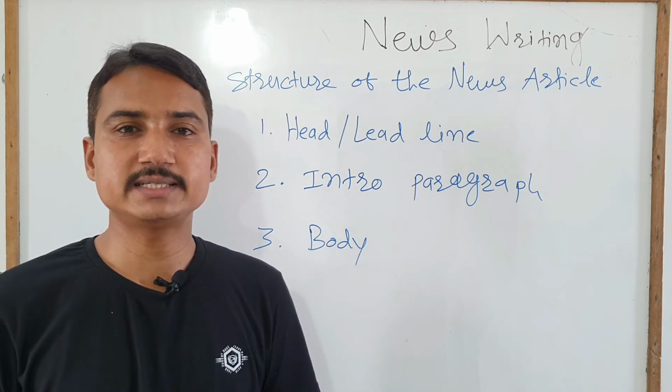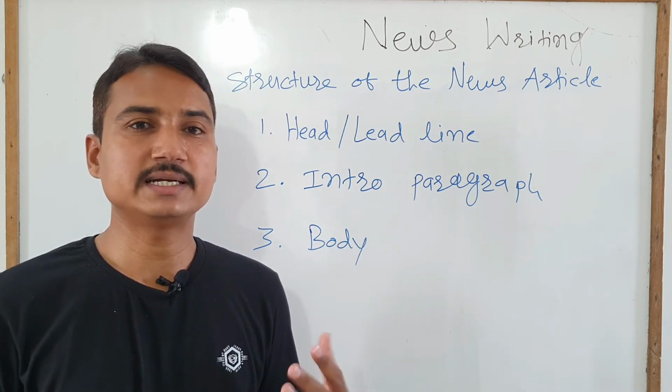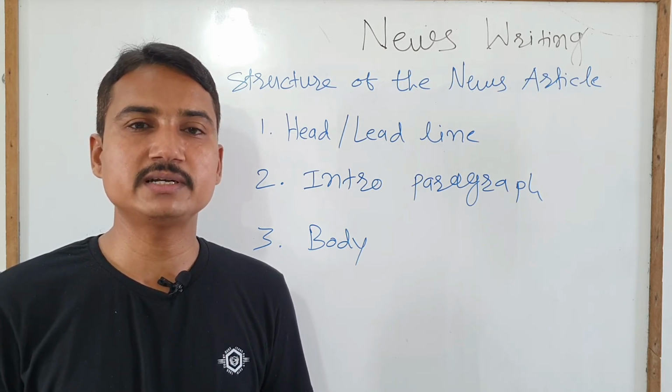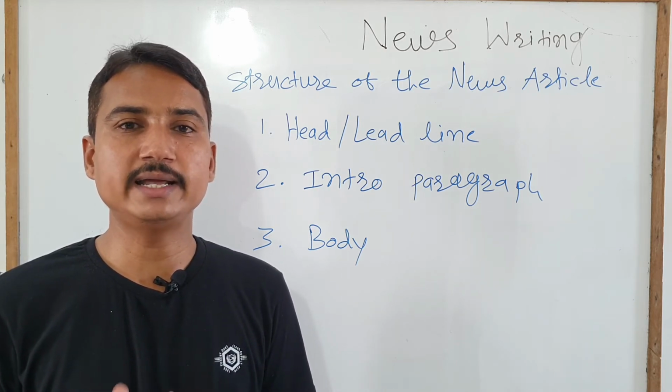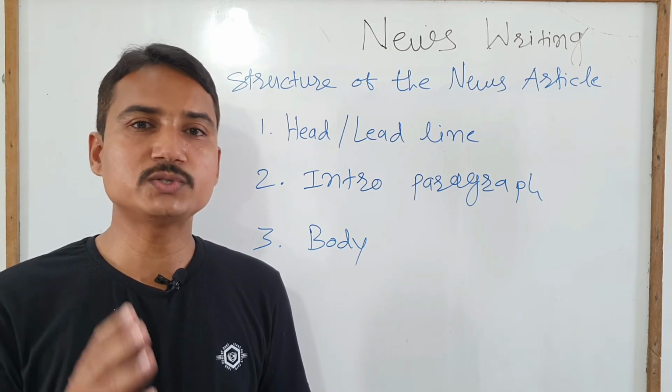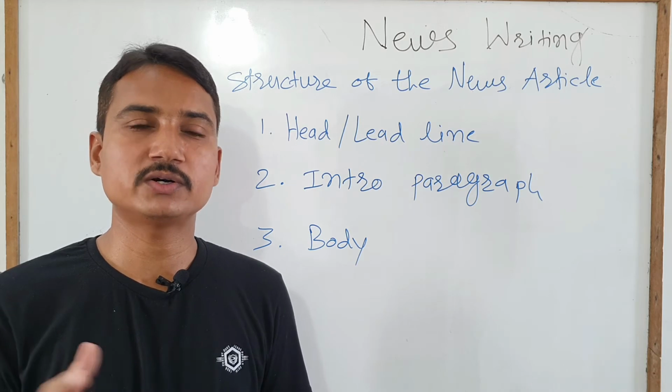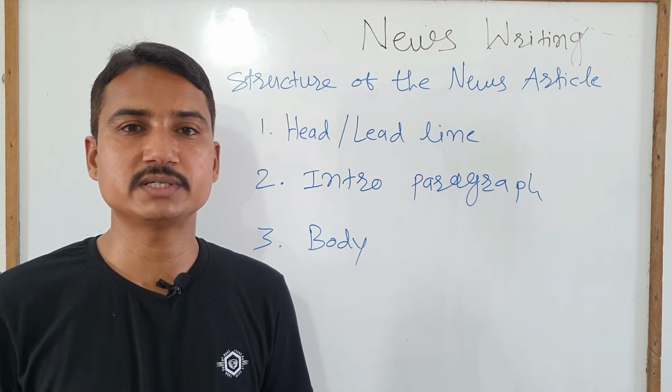Moving on to the second section of any news article, that is the intro paragraph. In this paragraph, we generally find the place and date of the event. Also, we read here the source of information or the agency of the information.